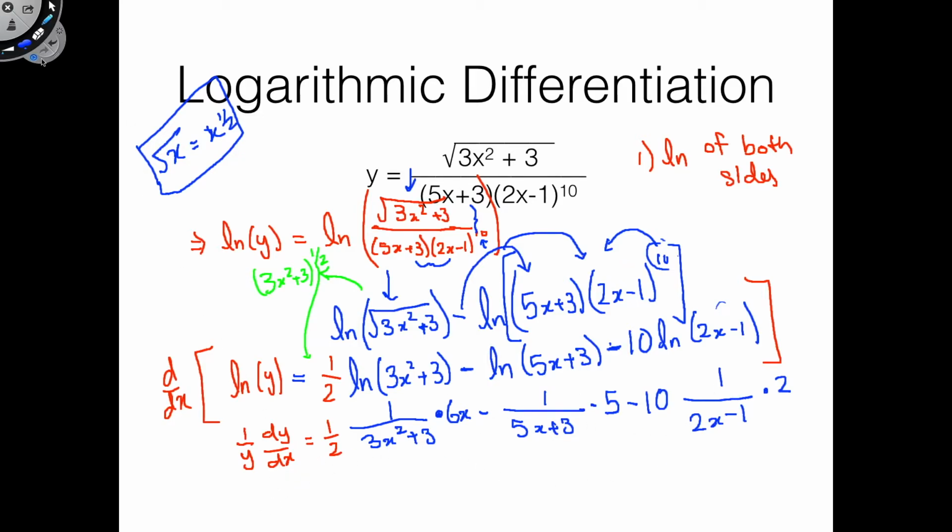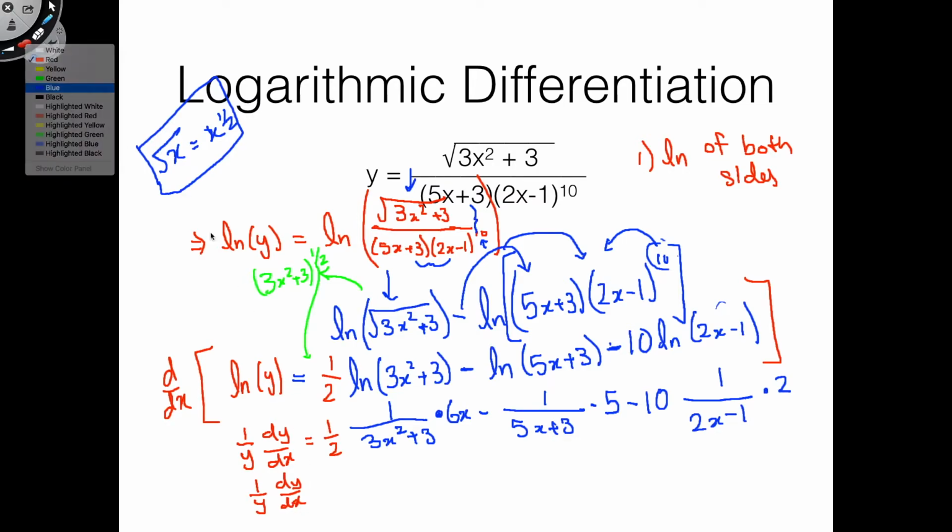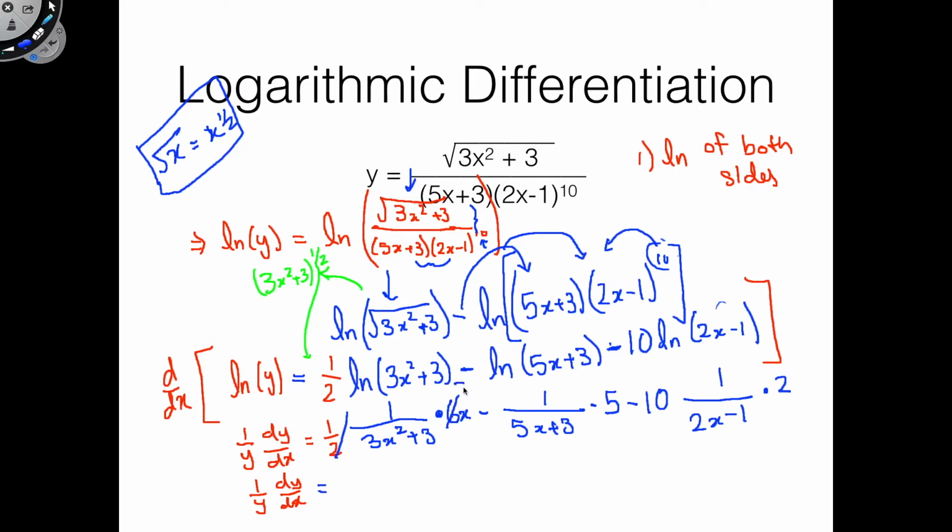So on the right hand side, we've got 1 over y dy dx is equal to, so let's do some simplification. The 1/2 and the 6 are going to cancel out. You're going to be left with 3.